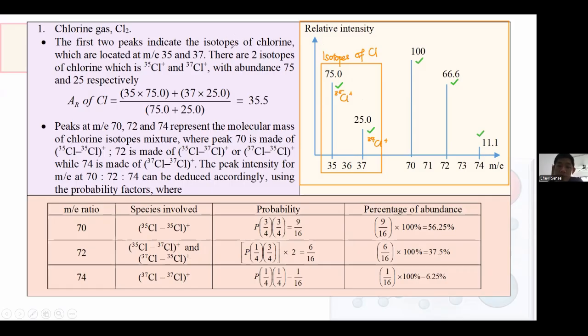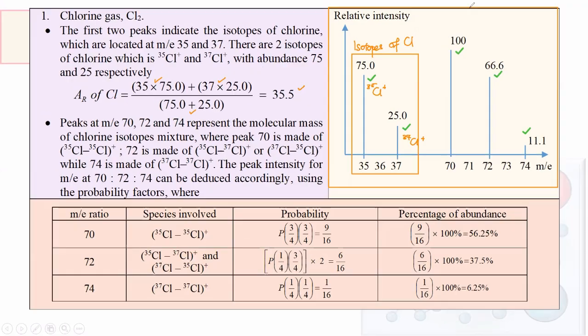So to calculate the relative atomic mass of chlorine, you should have 35 times 75.0 plus 37 times 25.0 over 75.0 plus 25.0. Press your calculator and you will get 35.5. So this is why chlorine can be shown as 35.5 inside your periodic table.